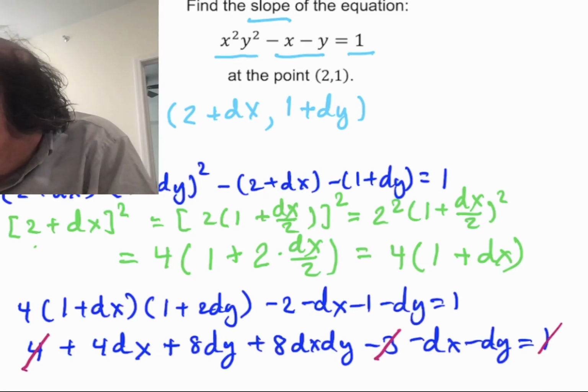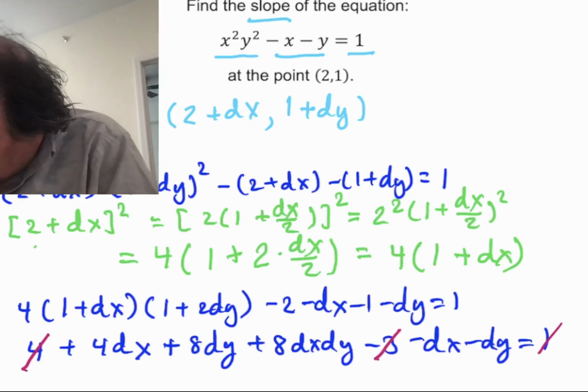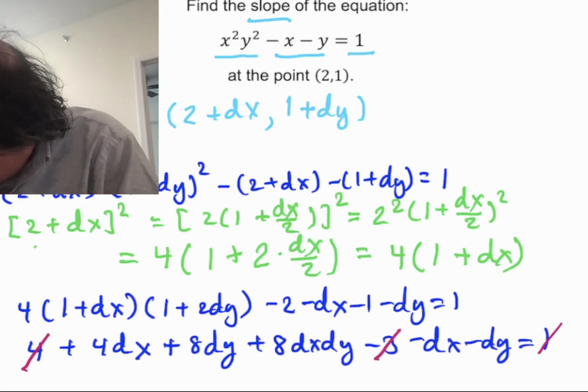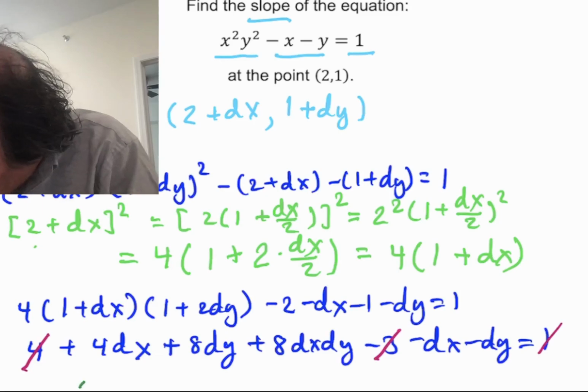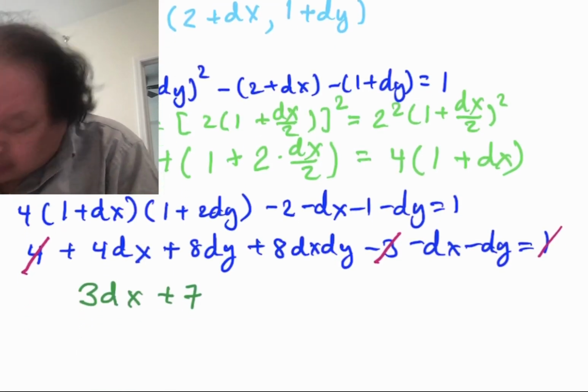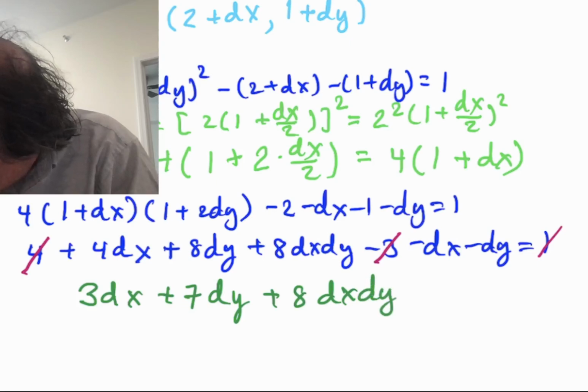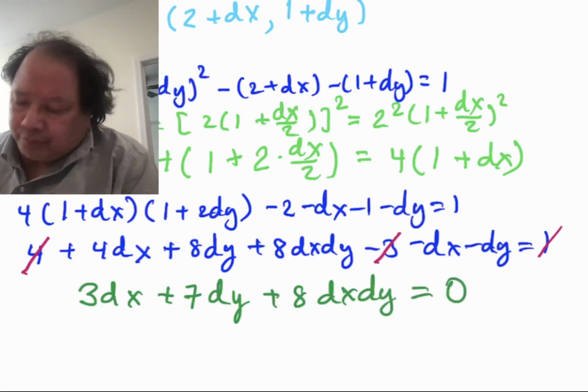This dx and dy can be combined with the expressions before. And so we're going to end up with 4 dx minus dx, 3 dx, plus 7 dy plus 8 dx dy equals 0.